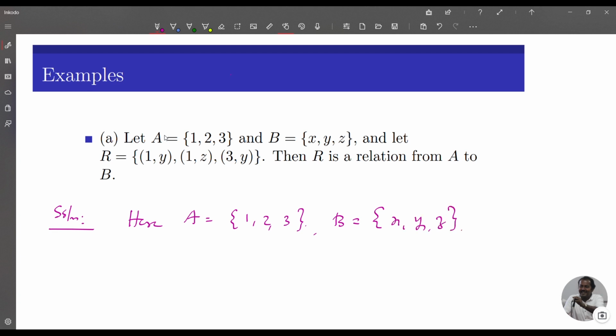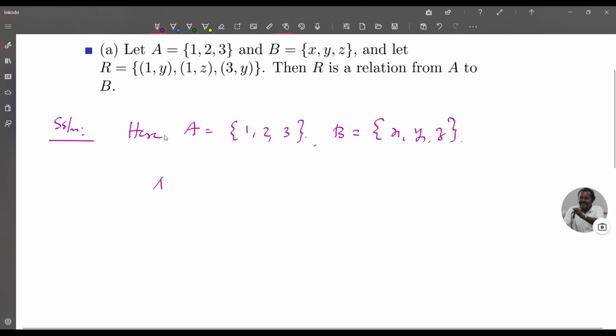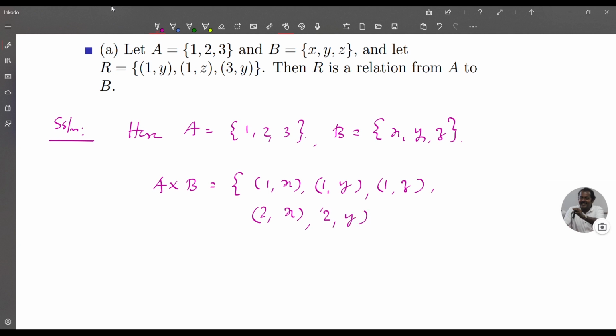Therefore, A cross B is the set of ordered pairs (1,x), (1,y), (1,z), (2,x), (2,y), (2,z), and (3,x), (3,y), (3,z).